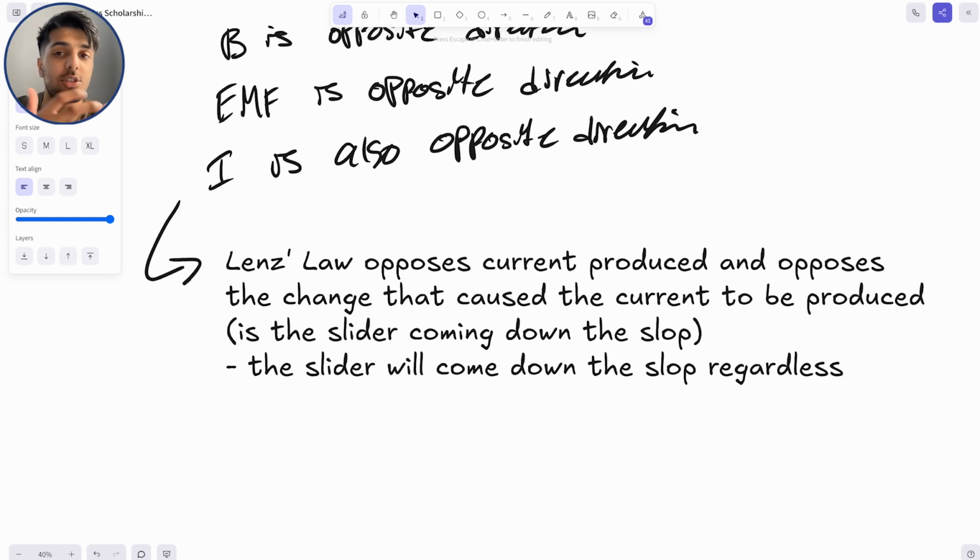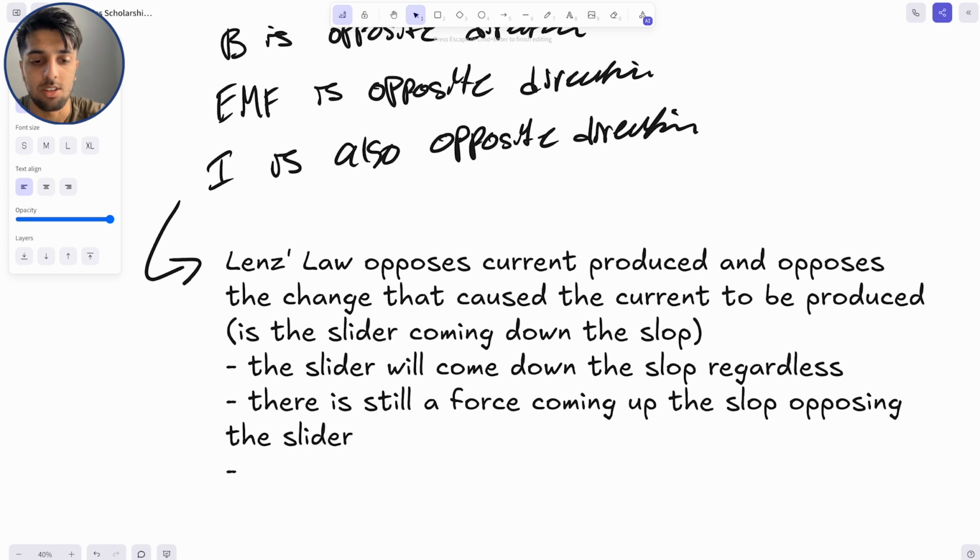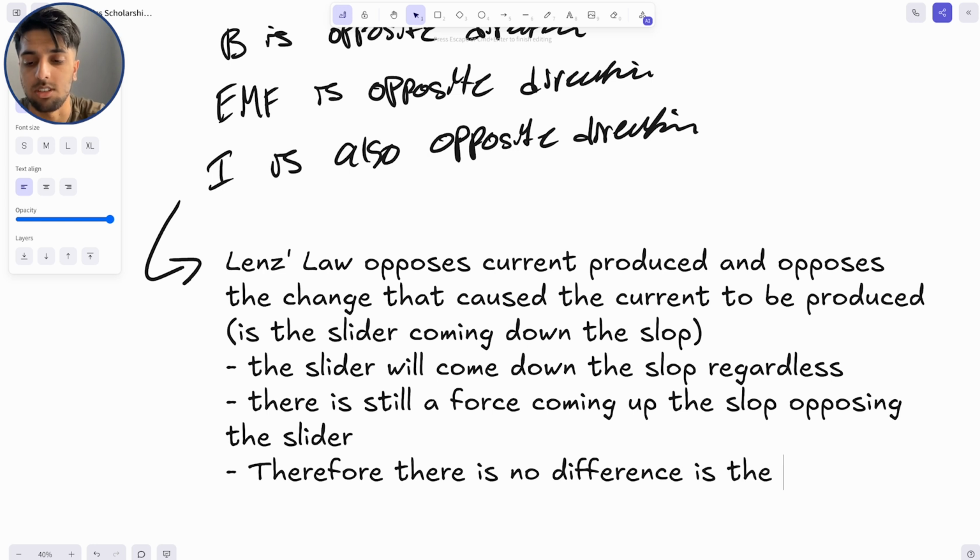So as the slider is still coming down the slope, there is still a force due to Lenz's law coming up the slope, opposing the slider. Therefore, there is no difference in the velocity of the slider.